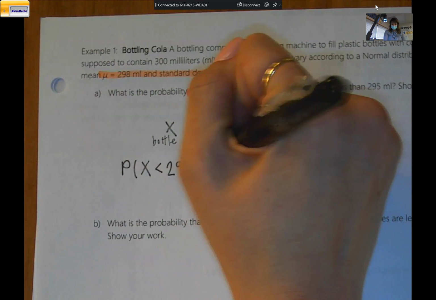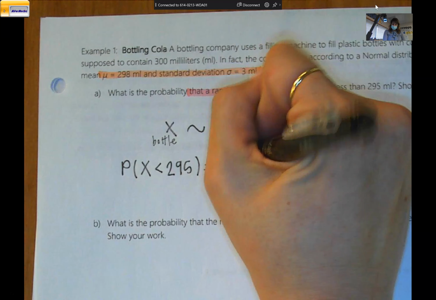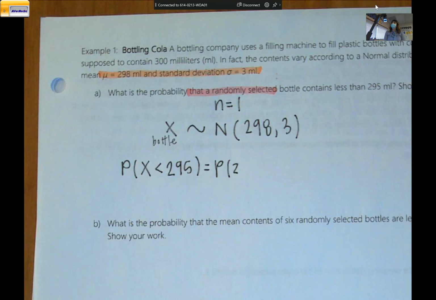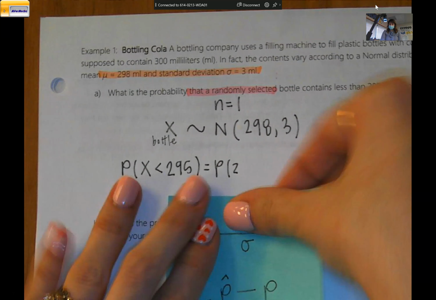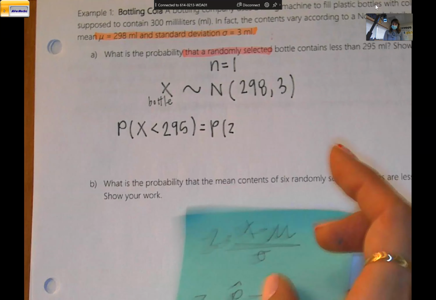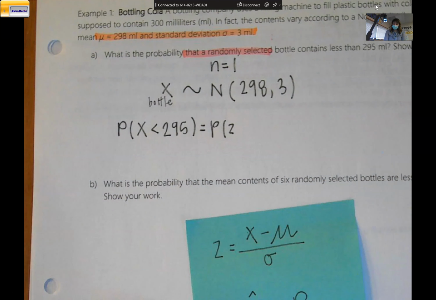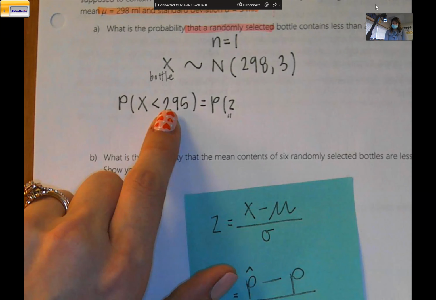Okay, well, that's the same as some z value. Hopefully we still have this post-it from last time, and our z formula is right there. You do need to show that calculation, so I just do it underneath. I make like a little equal sign, and I just write it underneath there. So my x is 295.